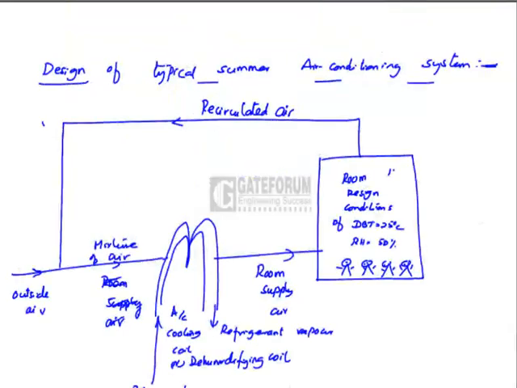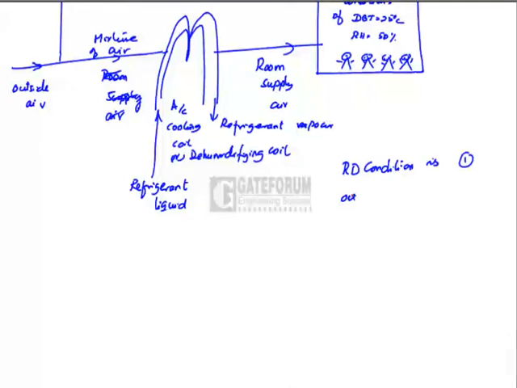State 1 is the room design condition or RD condition. Outside or ambient air state is state 2.